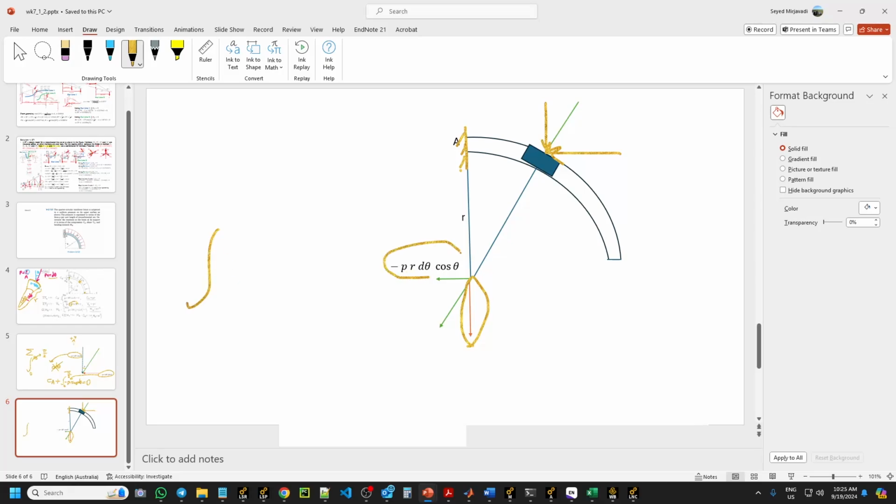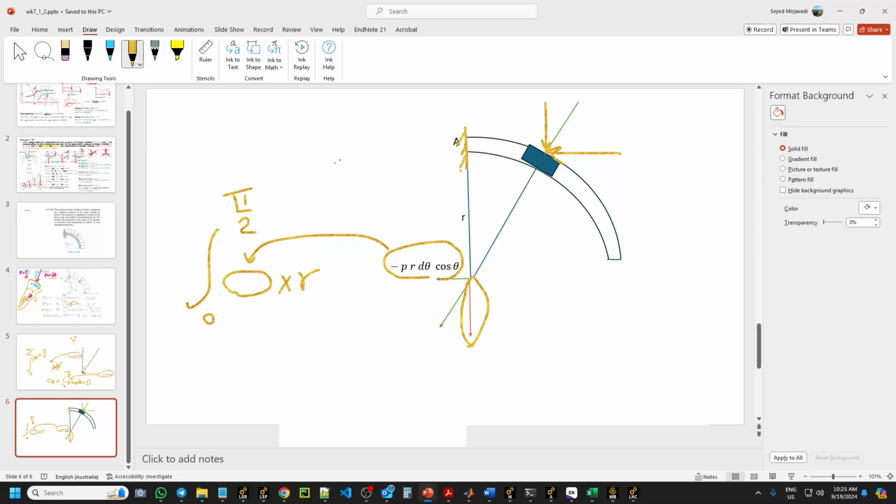I will copy this here. I am a little lazy, I will not write it. Times r, that's it. And again, we have d theta here. You should say that theta is changing from 0 to pi over 2. And also, when you get rid of the wall, you need to put a moment.